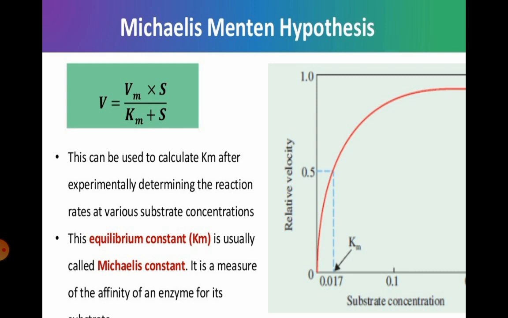This constant Km is usually called the Michaelis constant. It is a measure of the affinity of an enzyme for its substrate.